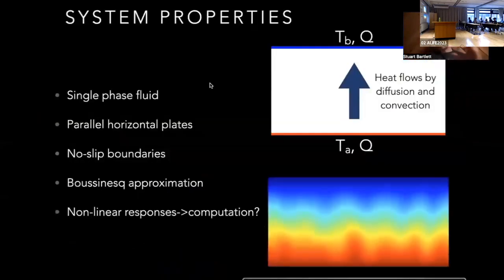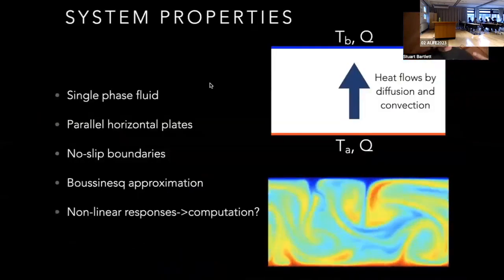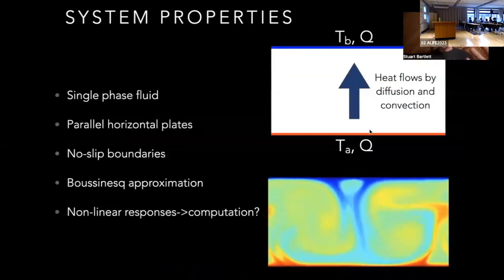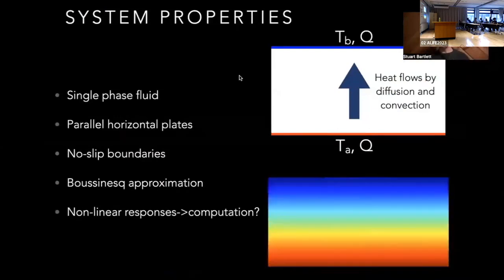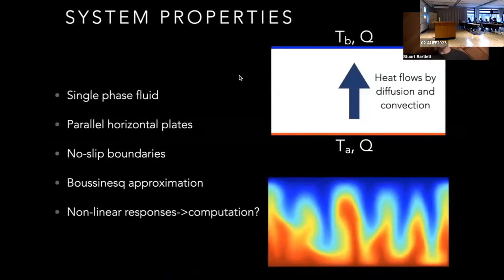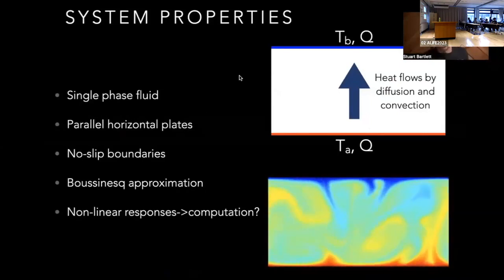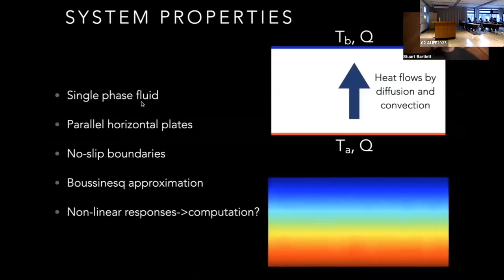So the basic properties of convective fluid systems are that they have this temperature gradient, and typically for the types of theoretical studies like this one, you deal with single-phase fluids, so Newtonian fluids, not complex fluids with too many things dissolved in them, or granular materials or anything like that. So we're dealing with a single-phase fluid, such as water, for example.